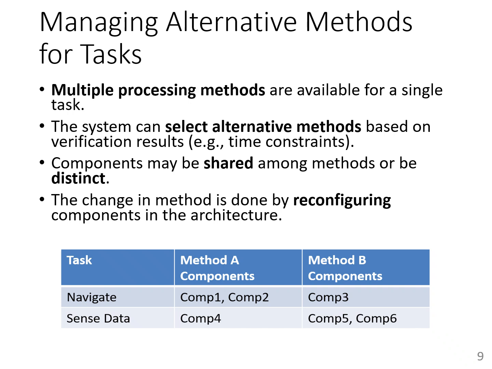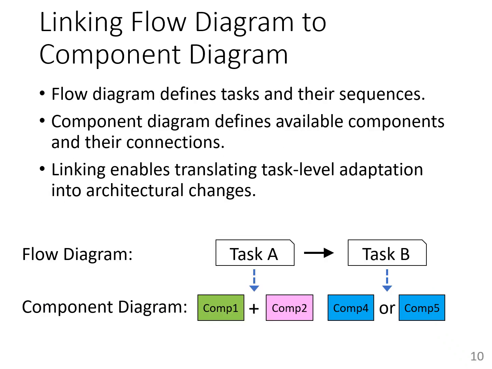This switching is done by reconfiguring the system's architecture at runtime. To sum up, we define a mapping relationship between tasks in the flow diagram and components in the configuration.